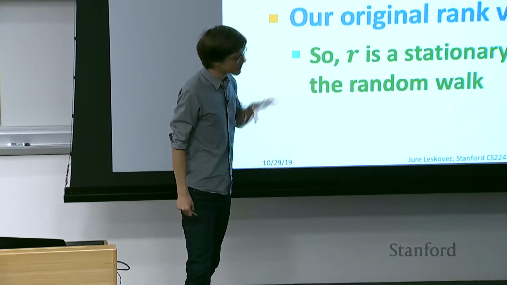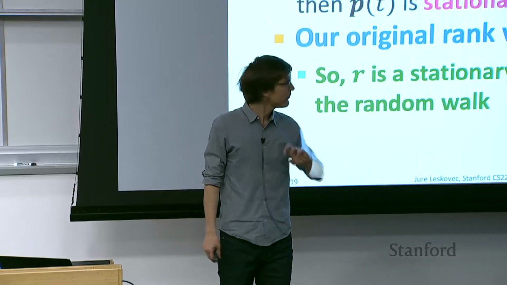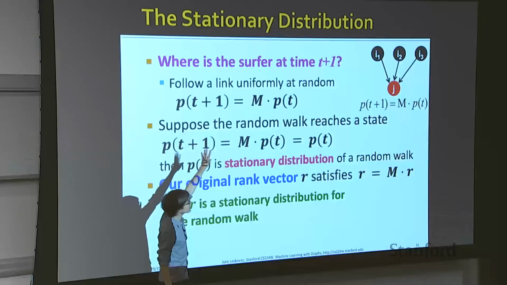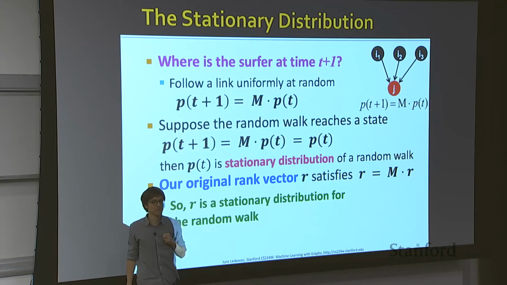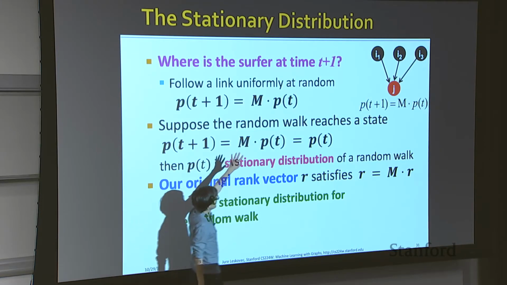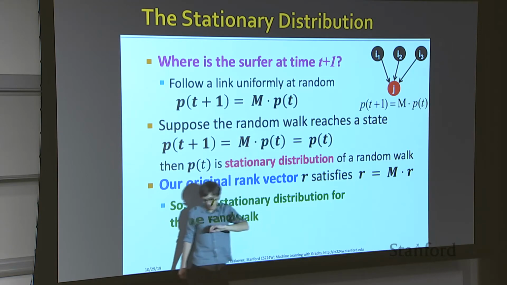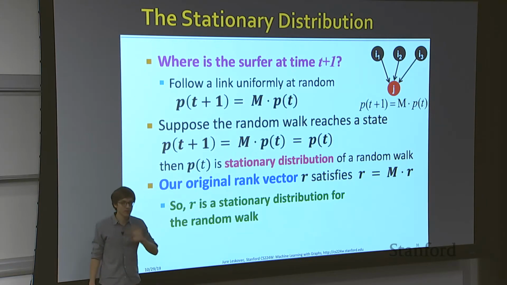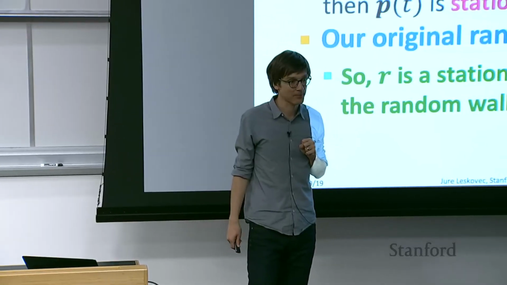Great. Here the model of the surfer is that the surfer takes an outgoing link uniformly at random. You could have a model where the surfer picks links preferentially based on some pre-assigned probabilities. That's an extension of this model.